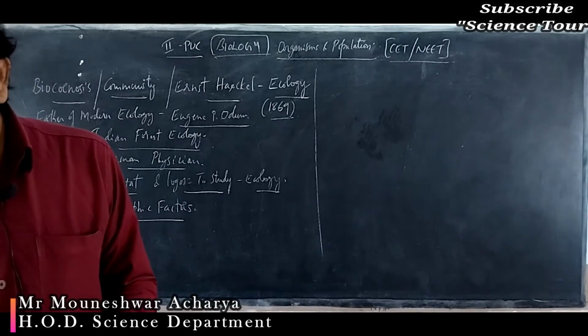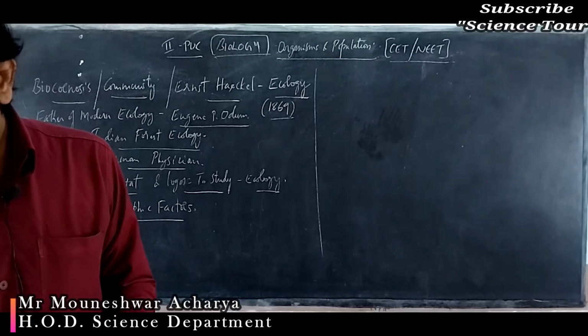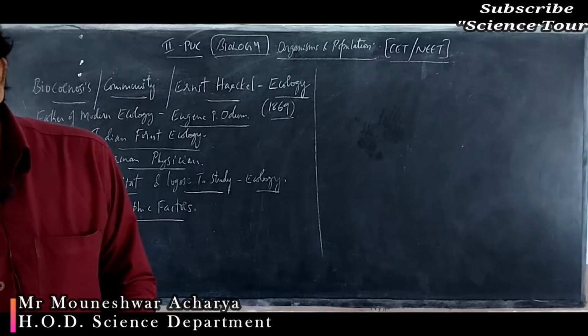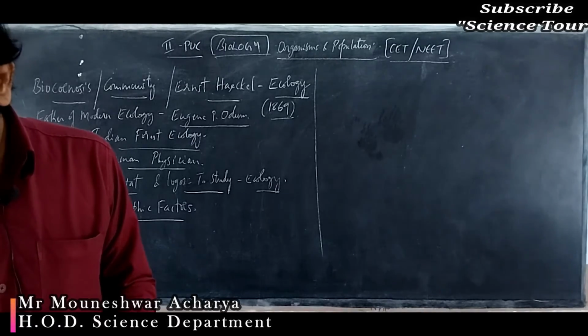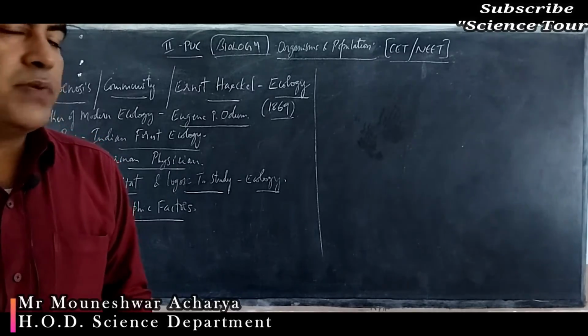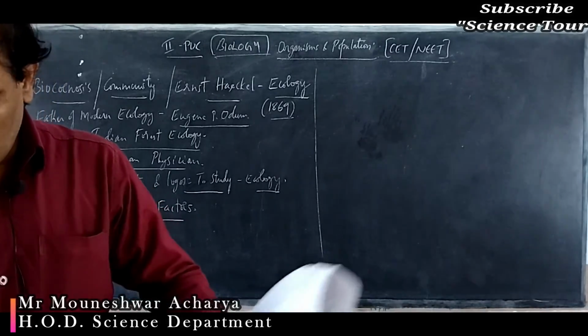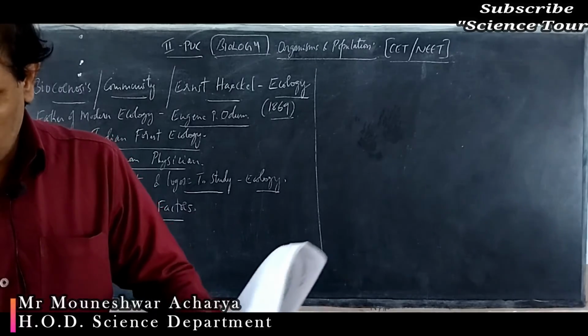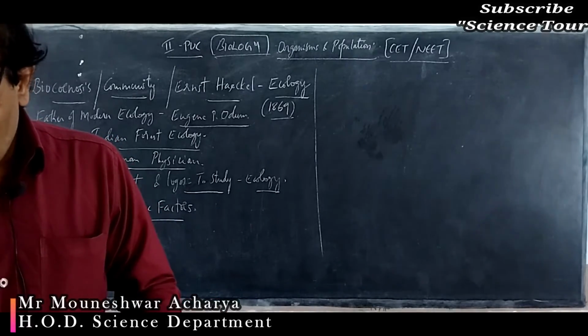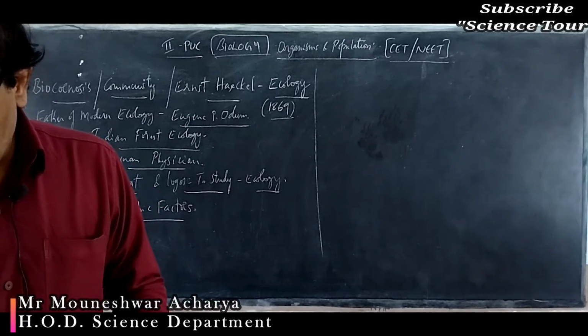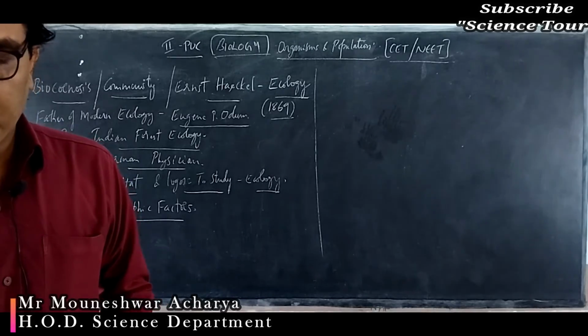So less than 5 in inland waters, 30 to 35 in the sea, and greater than 100 in some hypersaline lagoons. So what do you mean by lagoons? Lagoons means a stretch of water separated from the sea by a low sea bank or by a coral reef.